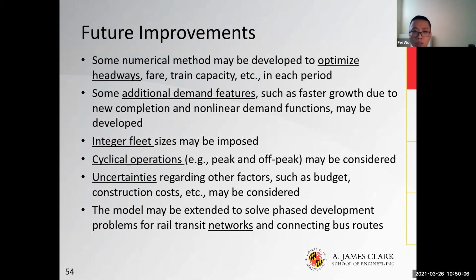Third, we may consider integer fleet sizes. And we may also consider cyclic operations, uncertainty of other factors like budget, as well as the future extension of this model to a network.